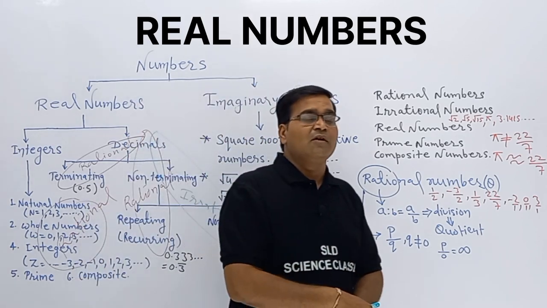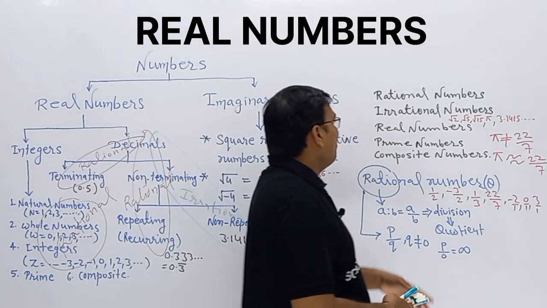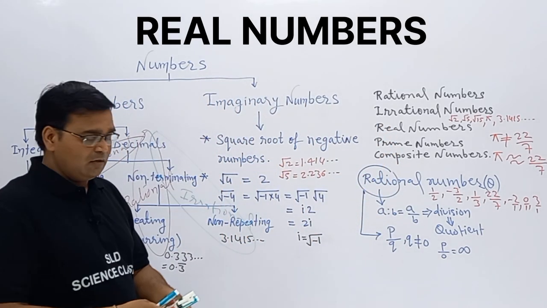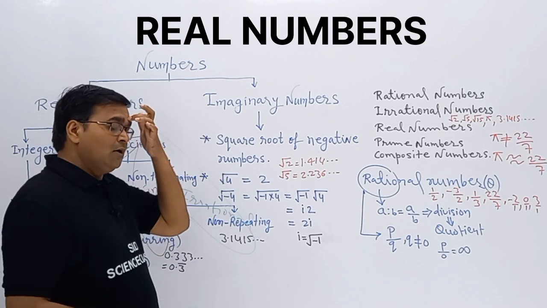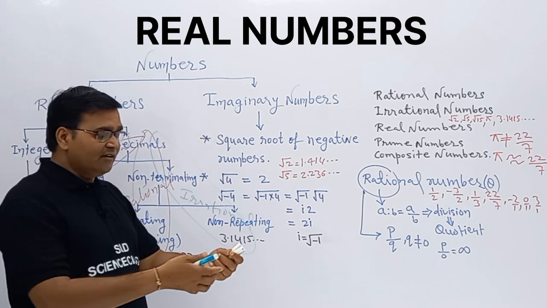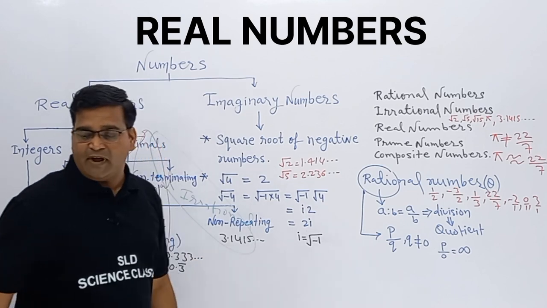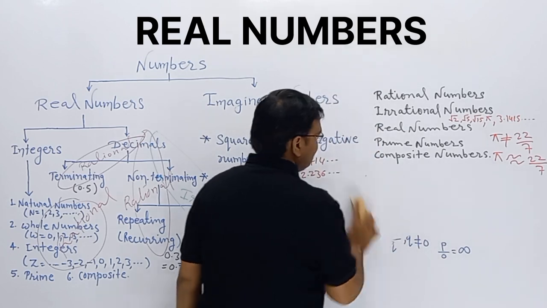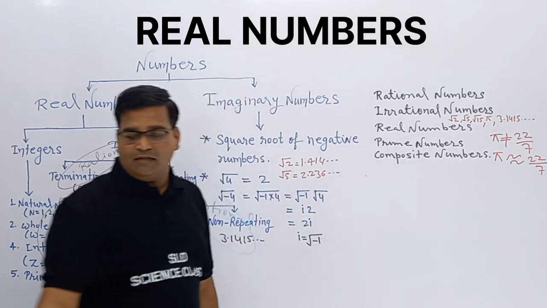Now, what is our main task? We are studying real numbers. The name of our first chapter is Real Numbers. And how will we define real numbers? Observe this one, this is the main task.